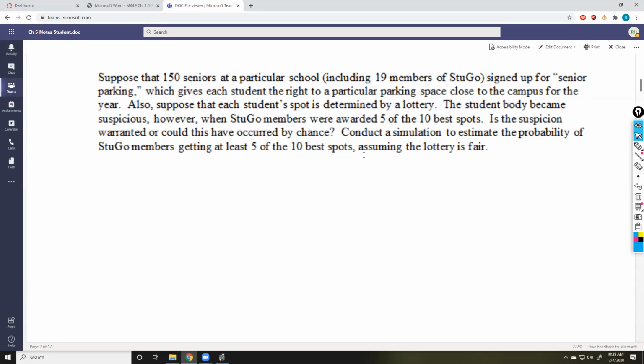What digits do we want to use this time? What numbers represent what? Each of the digits represents something. Last time it represented a card. Last time it represented a baseball game. What is it representing this time? How many times are we running the trial? What are we finding the probability of?